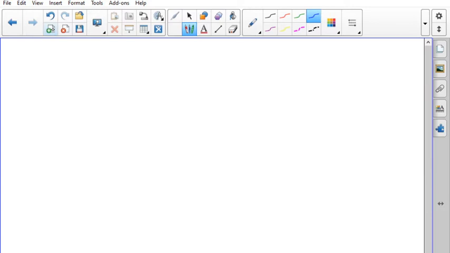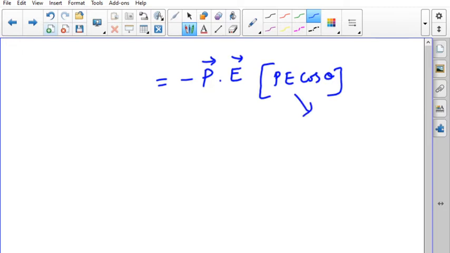So this cos theta can be expressed as the dot product of P vector dot E vector, which is equal to PE cos theta. You know students, dot product is always a scalar quantity.